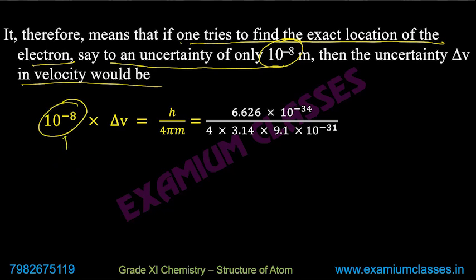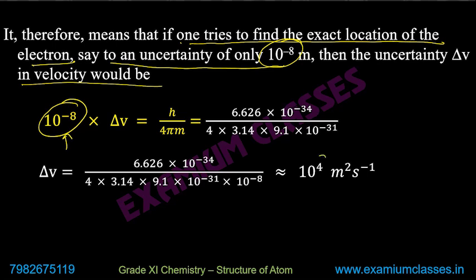If I substitute this value, the value of delta v I got is 10 to the power 4. And 10 to the power 4 variation in velocity is too high. It is not meter per square, it is meter per second. This much uncertainty is too high.